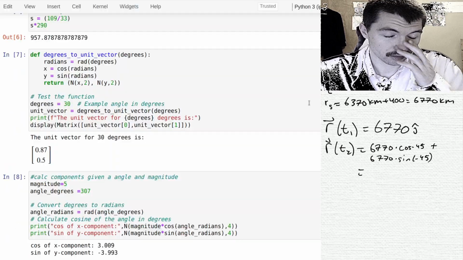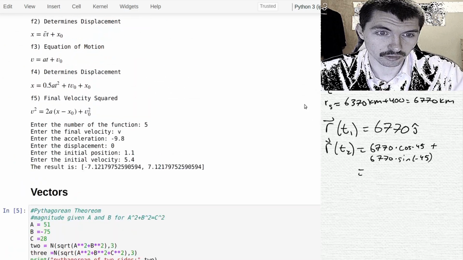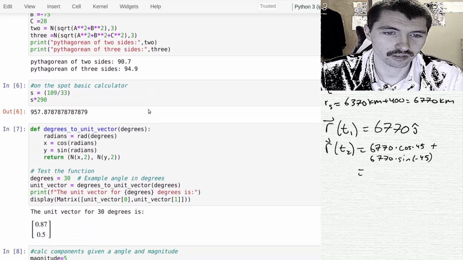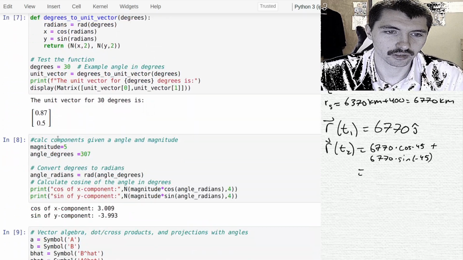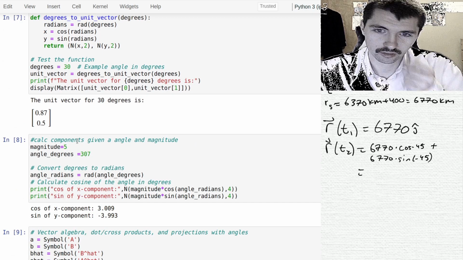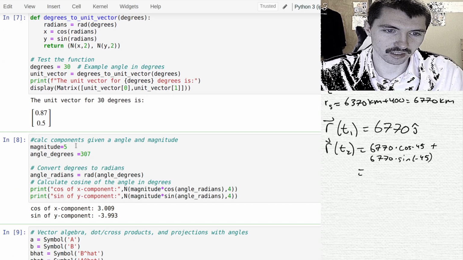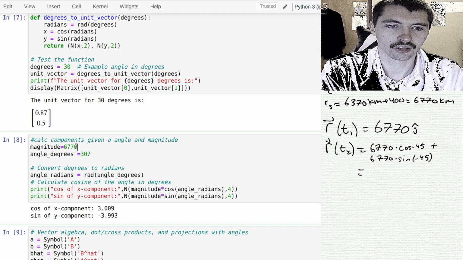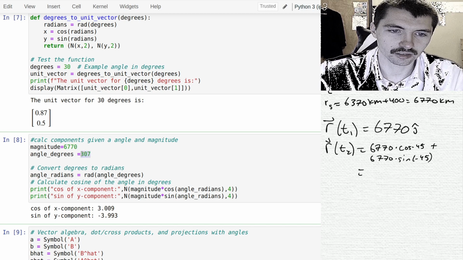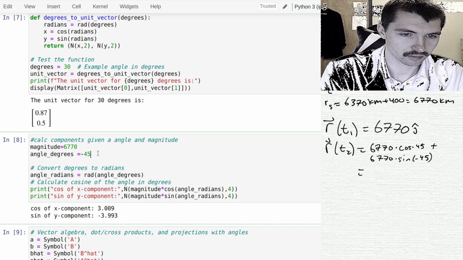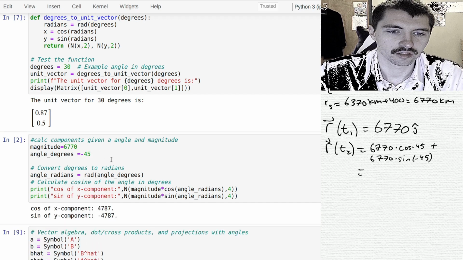All right, so last time, it's been a while since we were using vectors, but okay, so calculate the components, give an angle and a magnitude. So magnitude is 6770, our angle is -45.